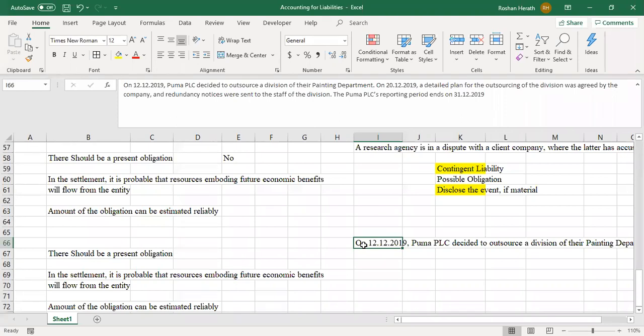This was very prominent during the recent corona outbreak.